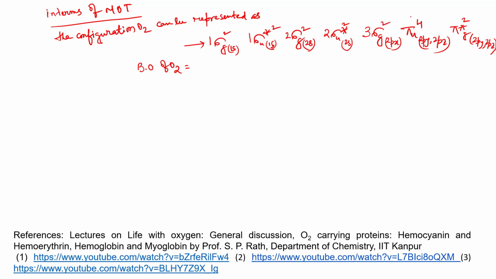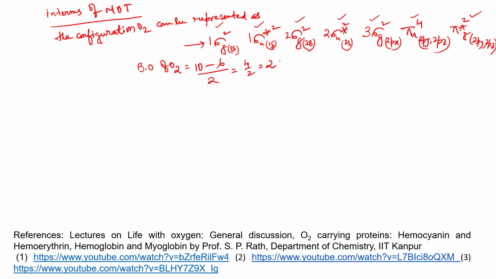So first these 4 pi u electrons, then these 2 sigma g electrons, then 2 sigma g electrons, and 2 sigma g electrons. So the total number is 10. Now we have to count the antibonding electrons: the pi star 2 electrons, sigma star 2 electrons, and one more sigma star 2 electrons. This is 6, divided by 2.